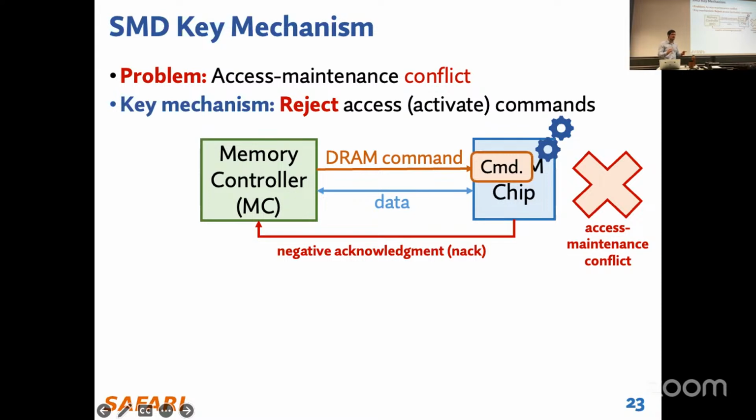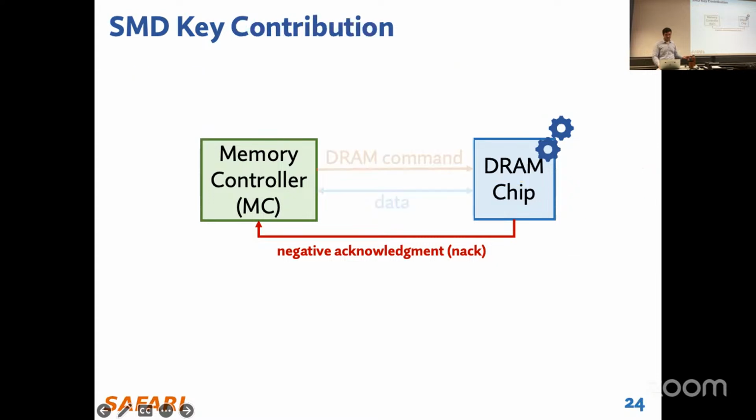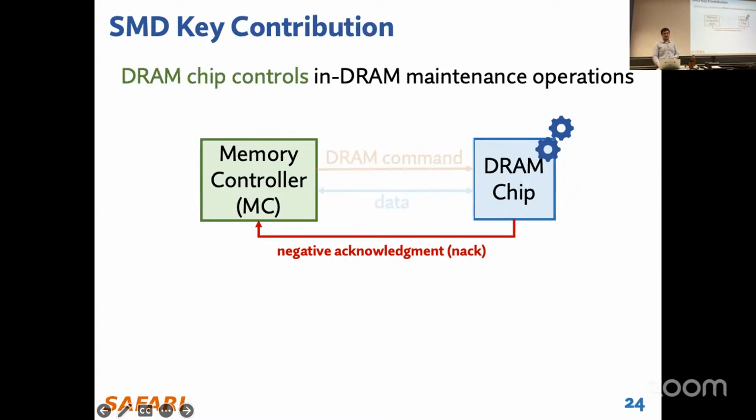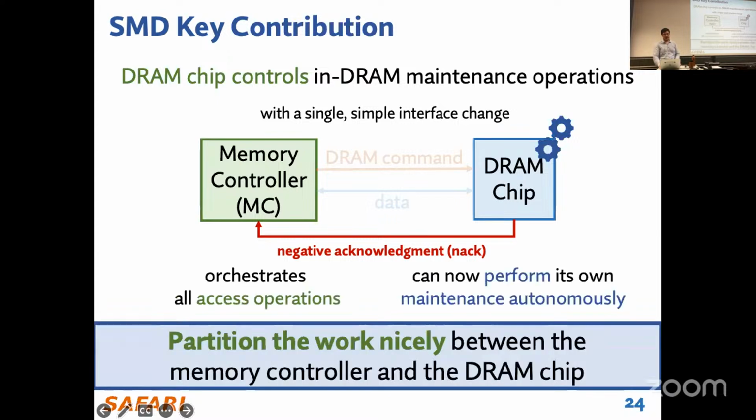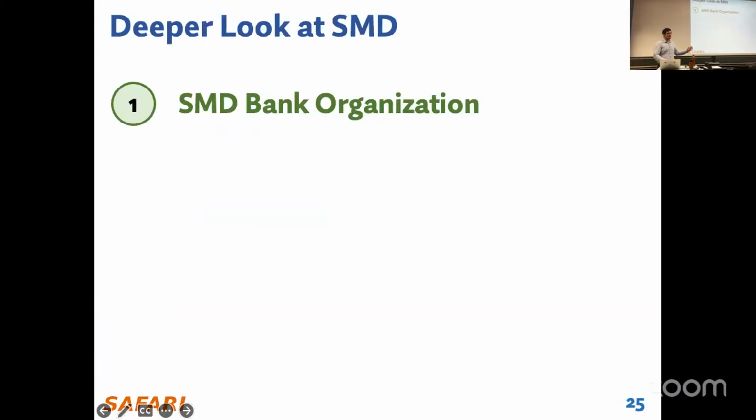Specifically, they will be activate commands that target regions under maintenance. In summary, SMD enables autonomous in-DRAM maintenance operations with a simple change in the interface, and it divides the work nicely between the memory controller and the DRAM chip, such that you can add new maintenance mechanisms without modifying the DRAM standard.